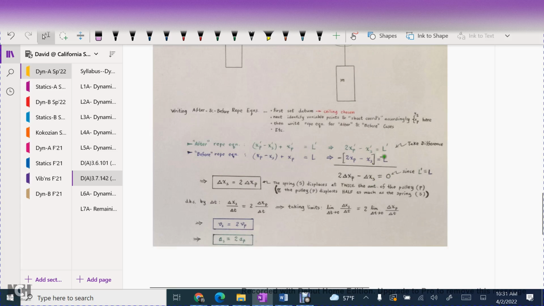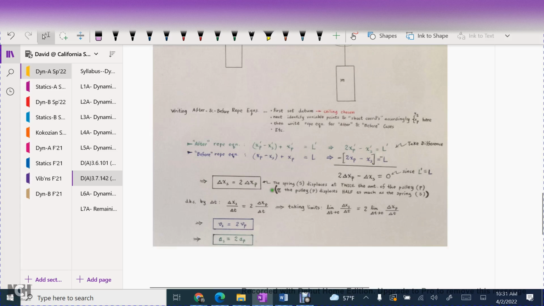It's 0 because we had established that whether I call that L for the length of rope or L prime, they're one and the same. So obviously L prime minus L would be the same thing as saying L minus L or L prime minus L prime. And so it's a 0. And what do I find out at the end of the day? I realize that the spring is going twice as much as the pulley, or put another way, the pulley is going only half as much as the spring.